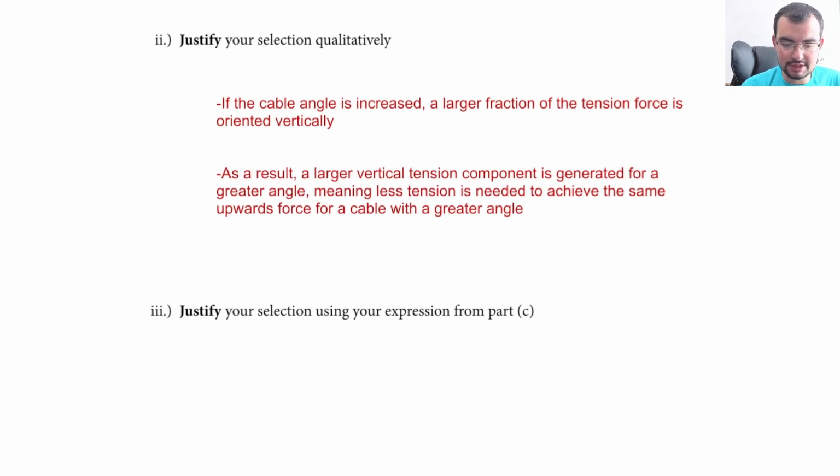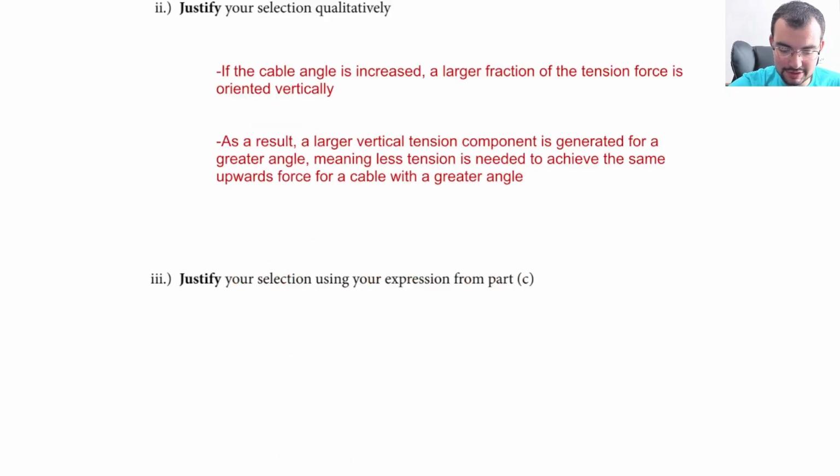So if the cable angle is increased, a larger fraction of tension is now vertical. This means you get more vertical tension output for the same total tension input. So you just get a better deal out of it.